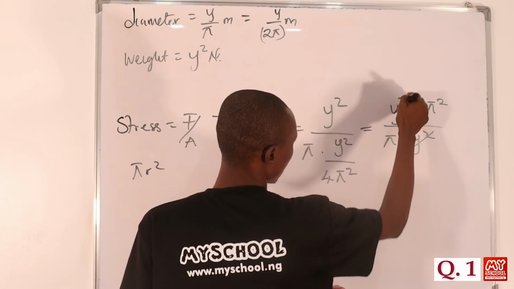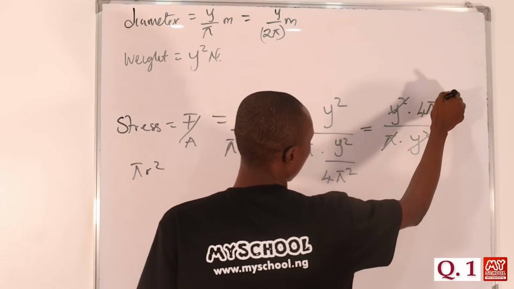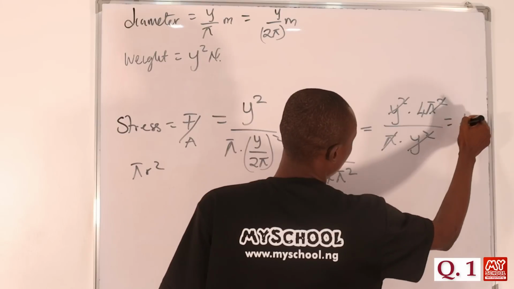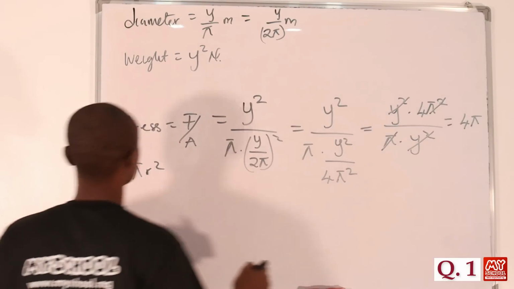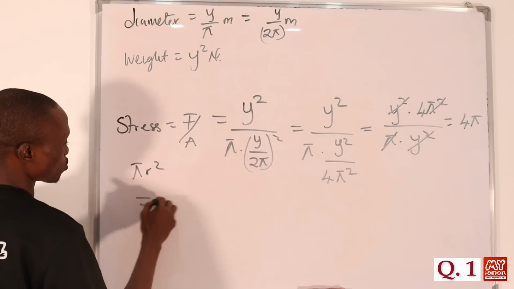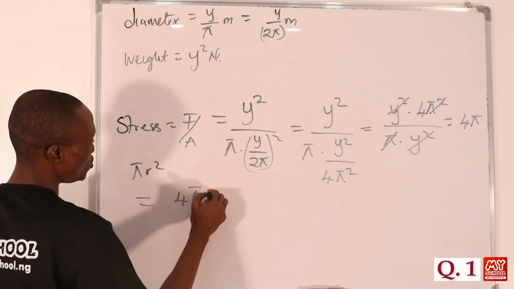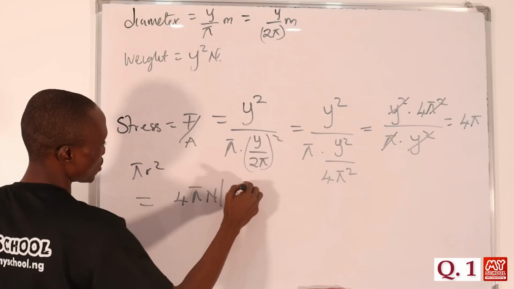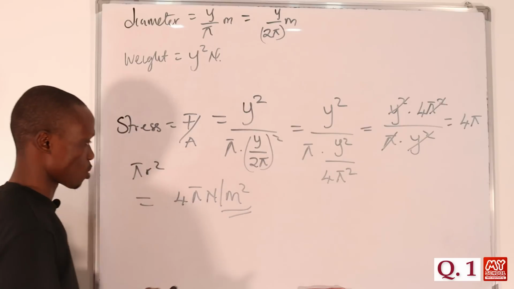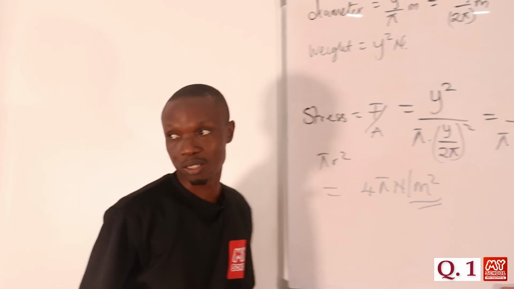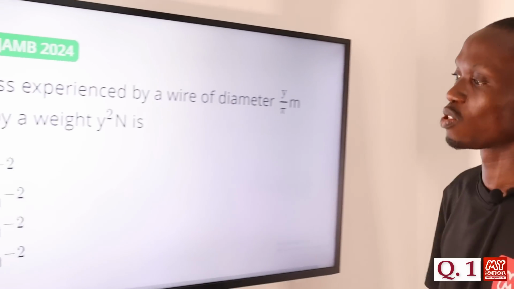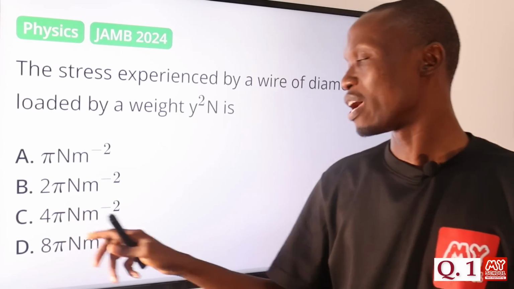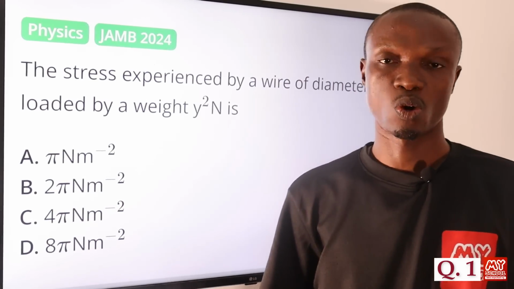So y square will cancel out y square, pi will cancel out 1 pi from here, so that will be having 4 pi. So the value of the stress is equals to 4 pi Newton per meter square. So let's return back to the screen to pick the correct answer to this question, and that is option C, 4 pi Newton per meter square.